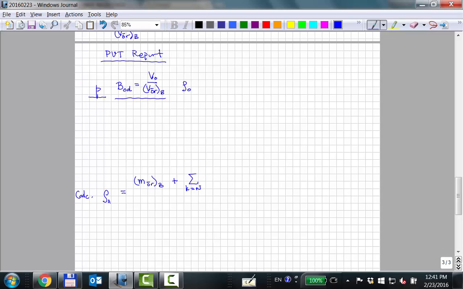So if we're looking for the density at stage K, you've got the bubble point.